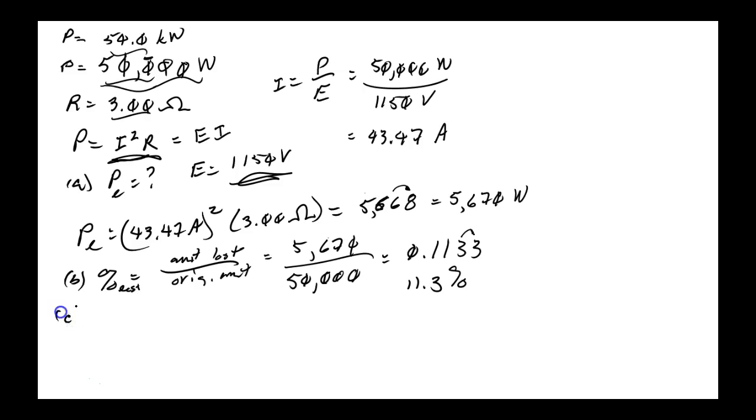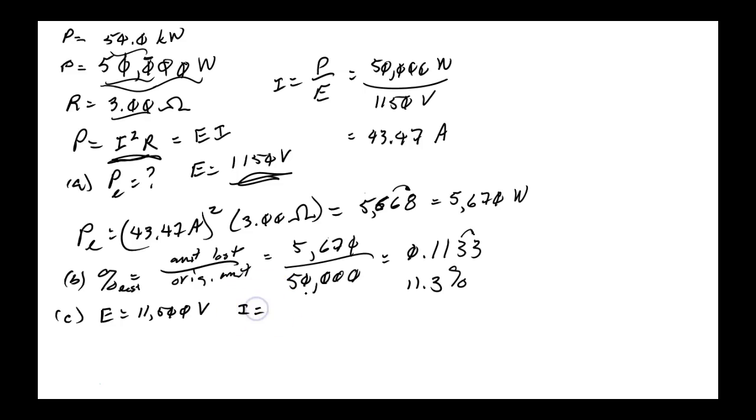The C part is going to be, what if your voltage was 11,500? Yeah, okay. So this time we're going to do E is equal to 11,500 volts. And neither 0 is significant, just the 115, okay? Just like before.